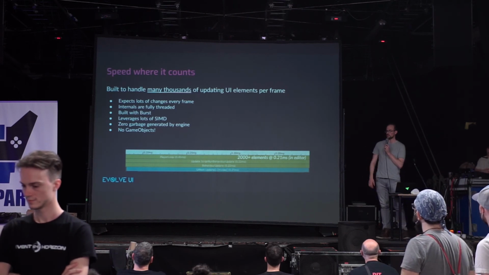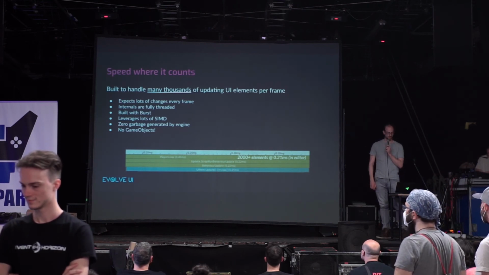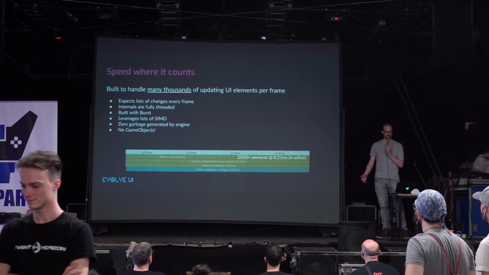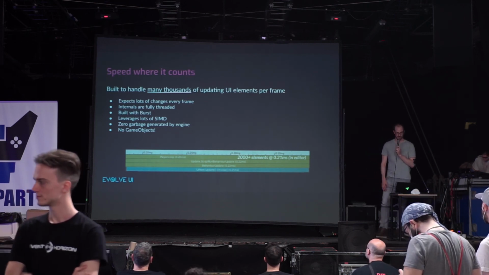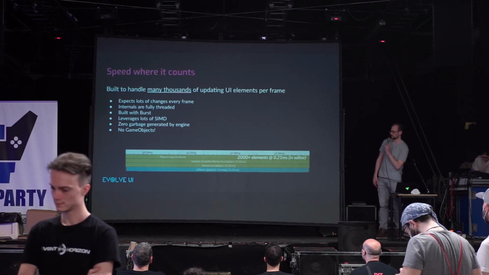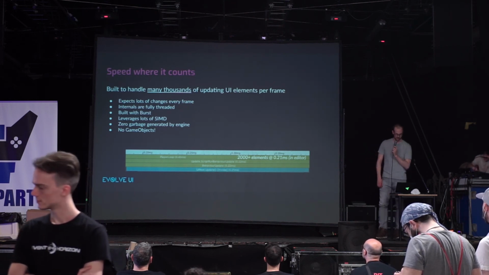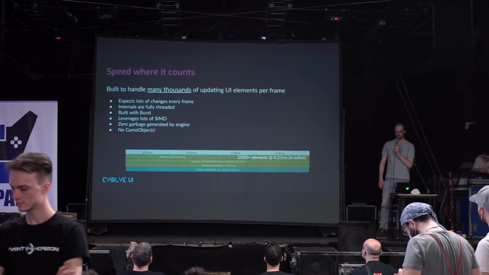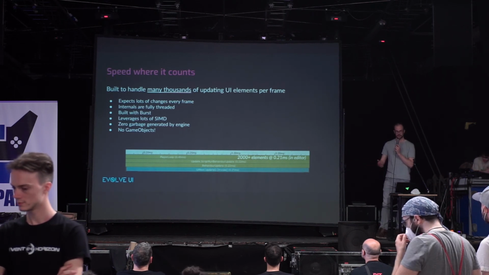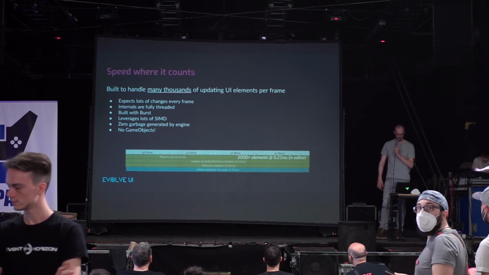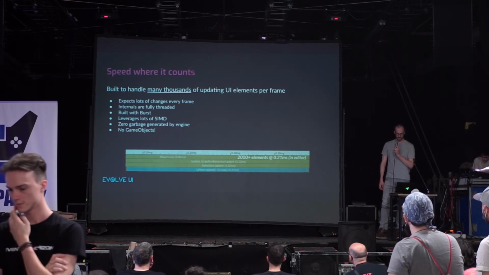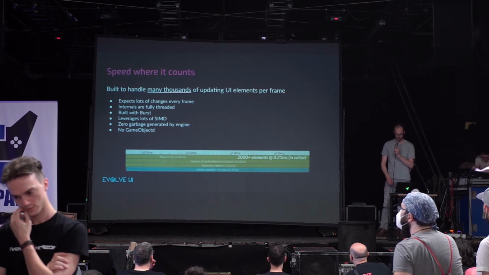Games are dynamic, games change constantly, and so this whole system is built to handle that. And it's fully threaded, it's built with burst, there's no allocations, and as you can sort of see from the profiling snapshot there, I have about 2,000 elements. For reference, that would be about the size of an Amazon page with all of the items and articles on it, and that's running, updating, and rendering in 1/5 of a millisecond.